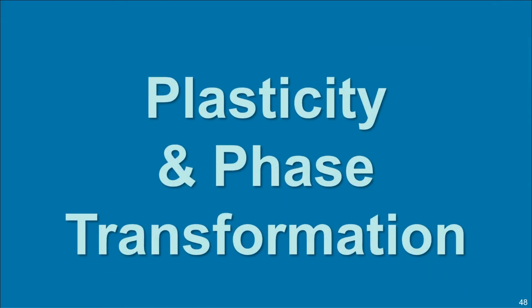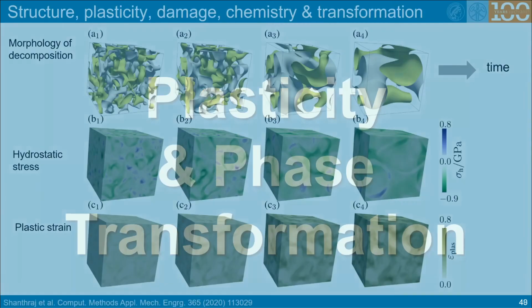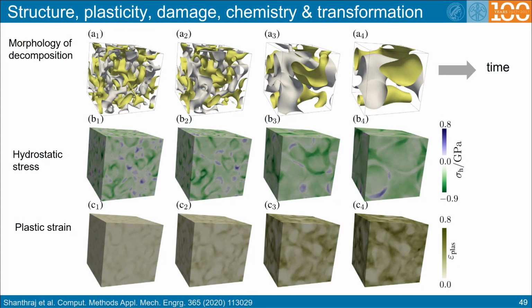Another very recent application is the connection between crystal plasticity, through dislocations mainly, and phase transformation. This is very important when it comes to the simulation of complex aluminium alloys, because in aluminium alloys, you remember, you have complex coarsening phenomena of the microstructure when you, for instance, expose the sheet to higher temperatures and you want to know how such morphological changes in the microstructure translate to hydrostatic stresses and to the formation of plastic strain.